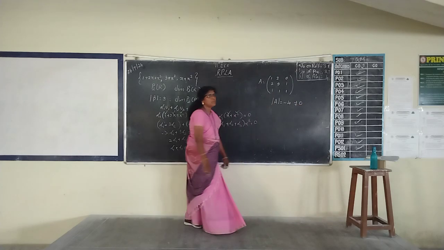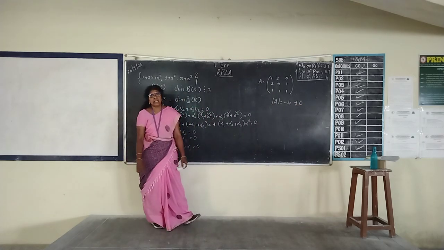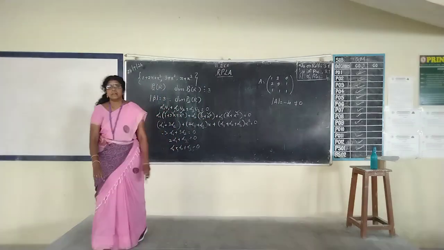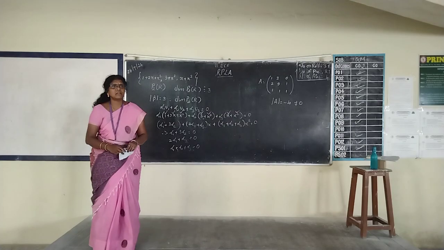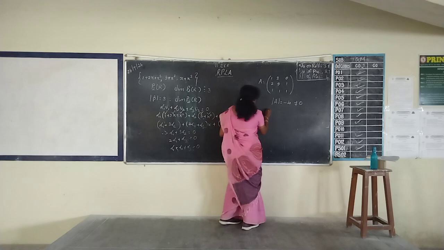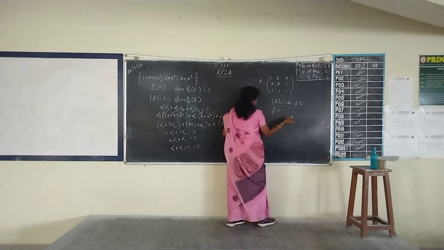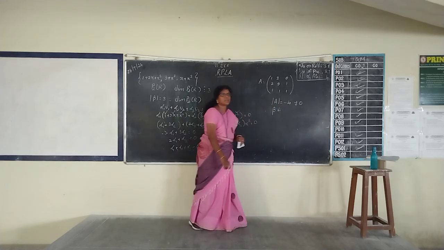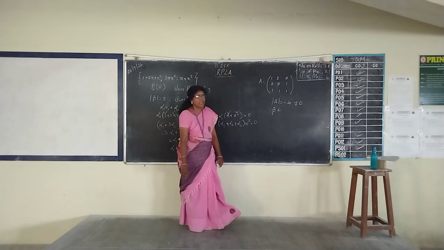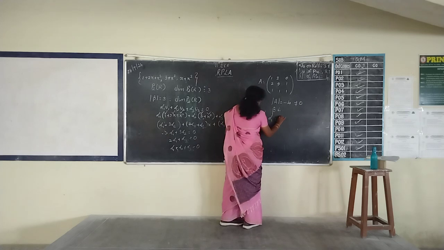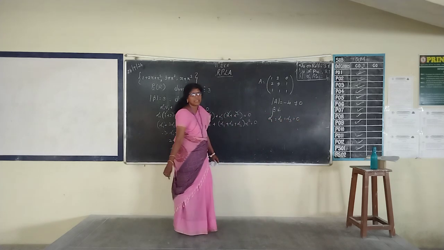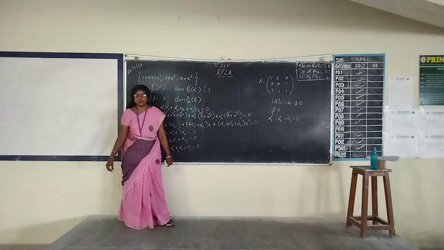So not equal to 0 means what is the condition? Linearly independent. And what is the nature of alpha? Beta is linearly independent, and alpha 1 equal to alpha 2 equal to alpha 3 equal to 0, because independent means all the alpha should be 0.